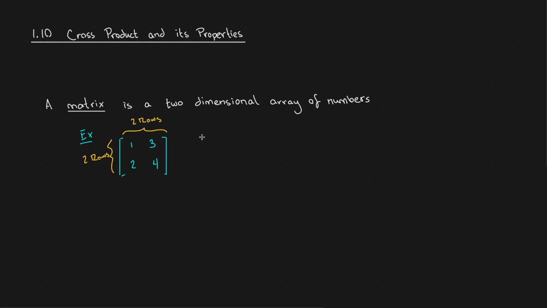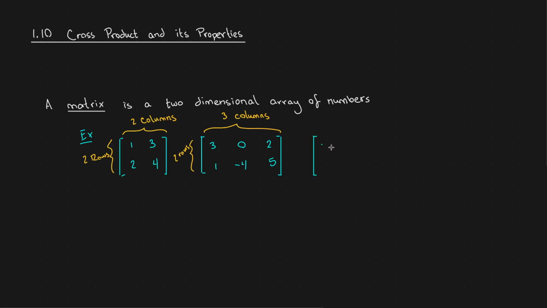Okay, the rows and columns don't have to be the same number. In this example, we have 2 rows and 3 columns. Sorry, this should be columns, of course. We already have an example of one matrix that we've been dealing with for quite a bit.